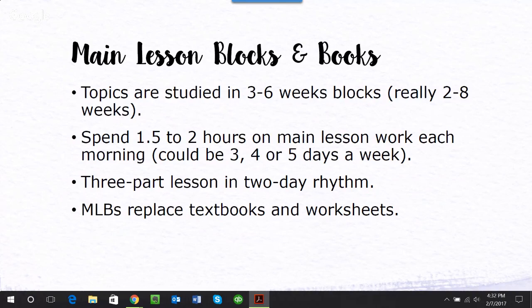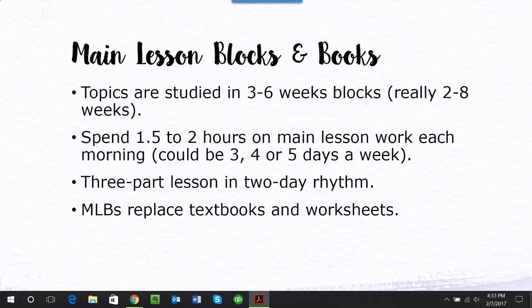Then what you do is you plan a block, say it's around Roman history, you're doing it for 4 weeks, and then you spend 1.5 hours to 2 hours on main lesson work each morning. Some people only homeschool 3 days a week, some 4, some 5. I think in the early years, 3 days a week is perfectly fine.